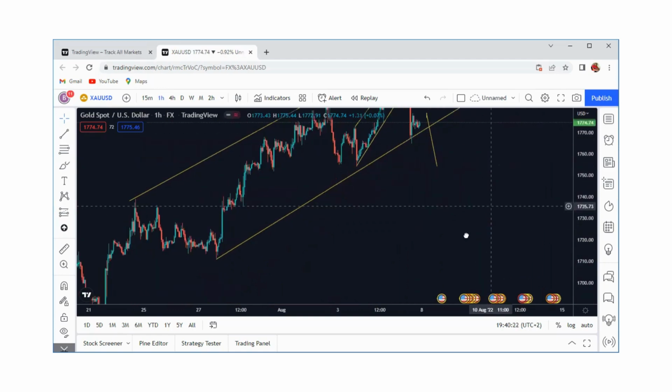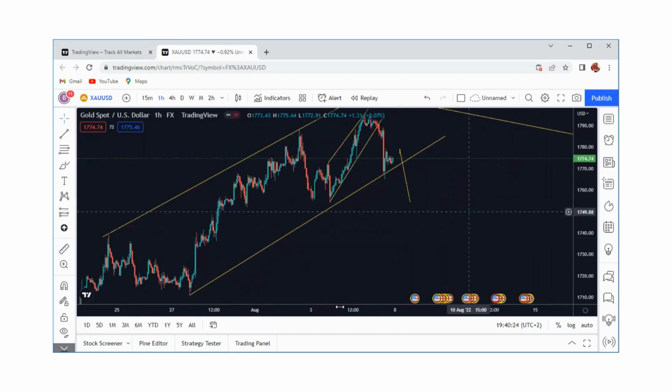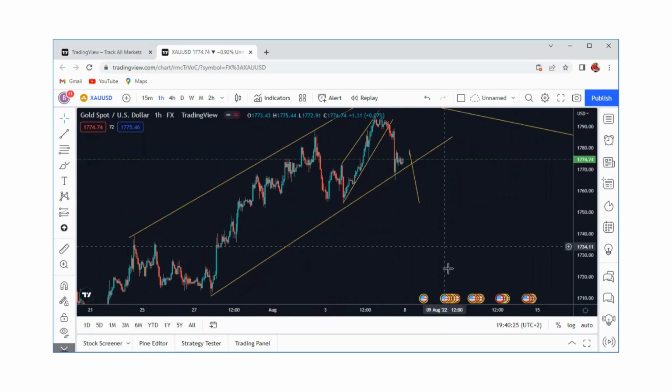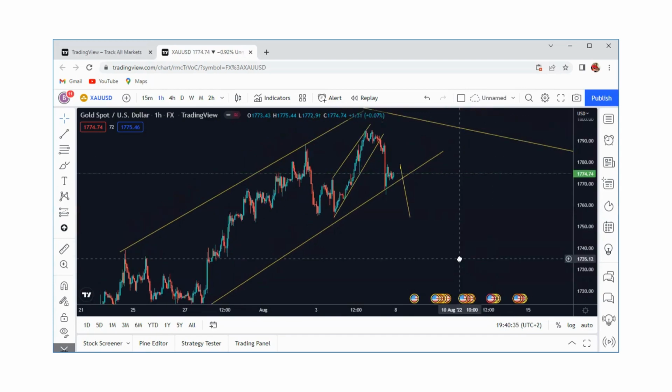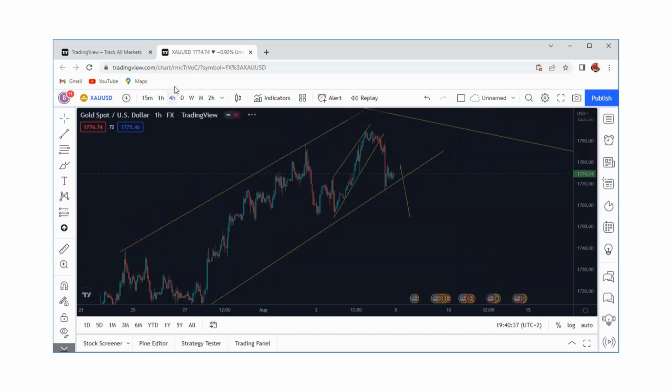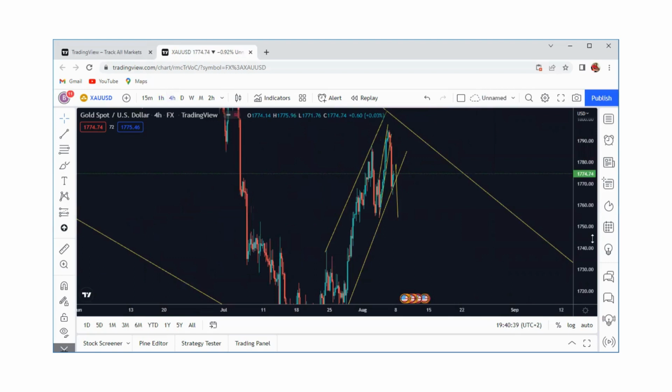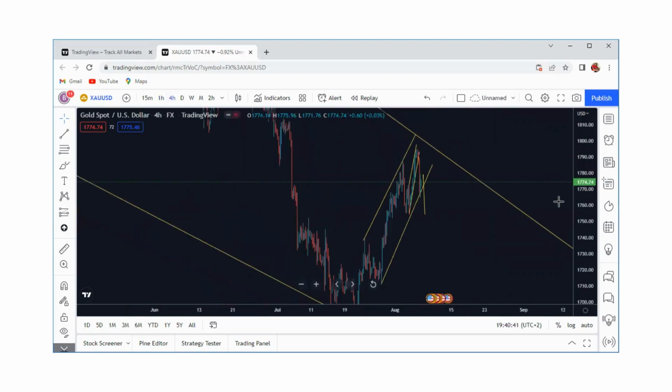Then my other target will be here, because I know that then we're going to the downside. But this is for the 1 hour. So you need to check different time frames, guys, in order for you to know where the market is going.